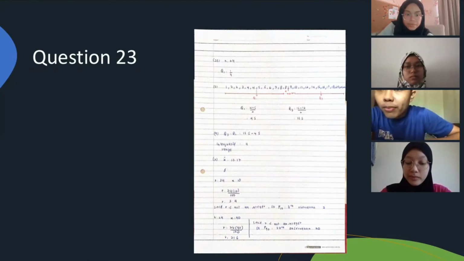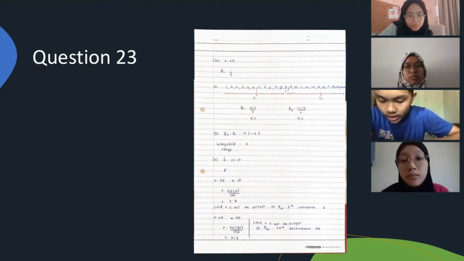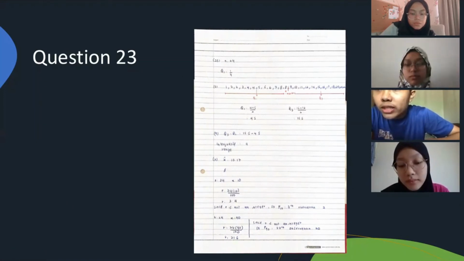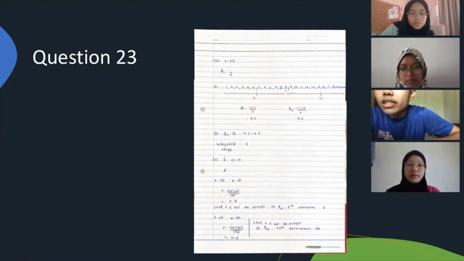For percentile, we have to find R. For the 10th percentile, we have 24 multiplied by 10 divided by 100 and we get R is 2.4, so P10 is the 3rd observation, which is 2.